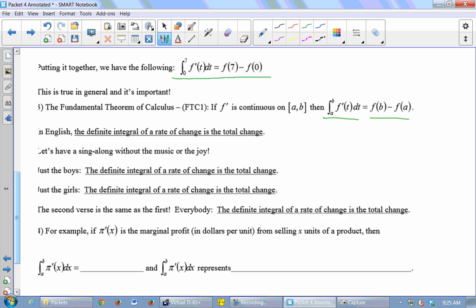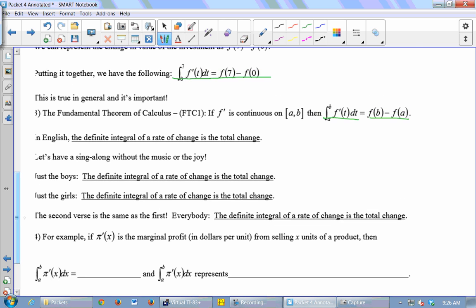Everybody got it? Okay. This is kind of like how the derivative is the slope of a tangent line. The definite integral of a rate of change is total change.